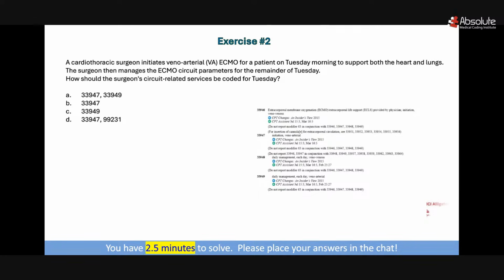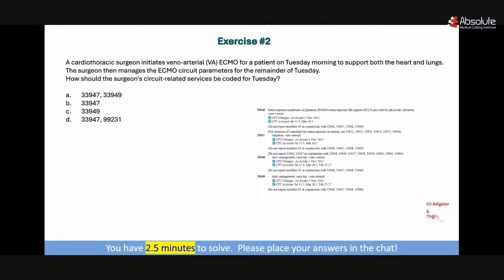A cardiothoracic surgeon initiates veno-arterial or VA ECMO for the patient on Tuesday morning to support both heart and lungs. The surgeon manages the ECMO circuit parameters for the remainder of Tuesday. How should the surgeon's circuit-related services be coded for Tuesday? And coders, your time begins now.